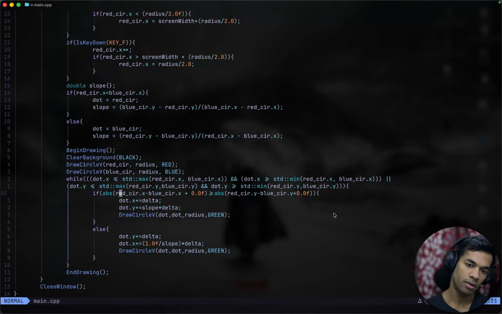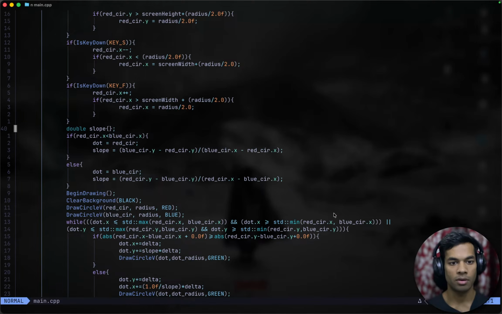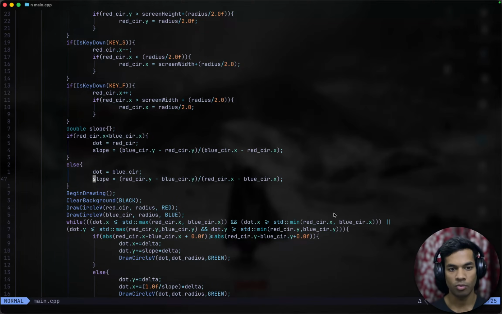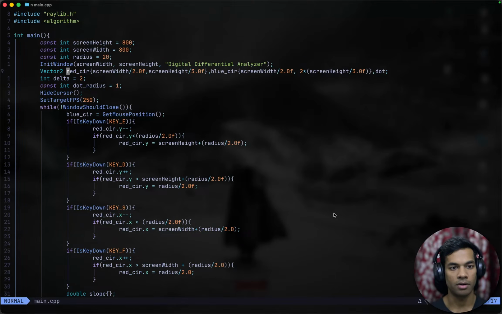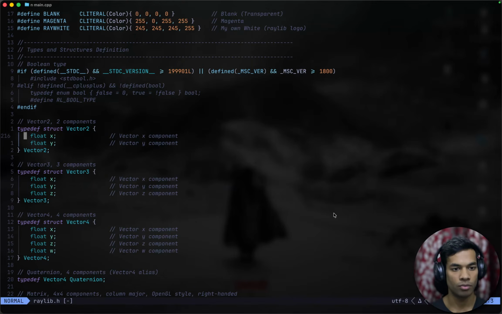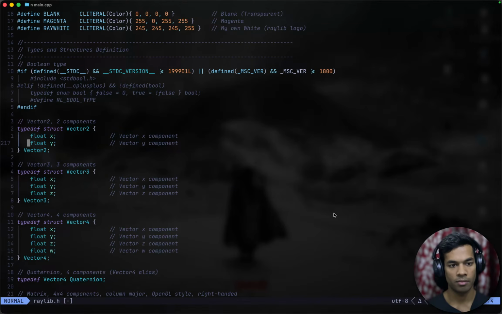Slope. Maybe the slope does not have enough precision. This might be a slope mistake. Slope is a double, so it should have enough precision. And although these things are of type vector 2, which has float numbers.